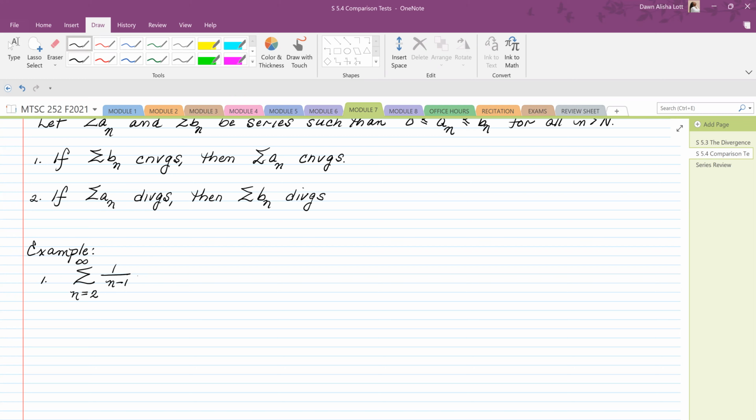Since this kind of looks like the harmonic series, and I know the harmonic series diverges, I'm thinking this might diverge. So here's the thought process. This series, the summation n equals 2 to infinity of 1 over n minus 1, is 1/2 plus 1/3 plus 1/4 plus ..., so it looks like the harmonic series.